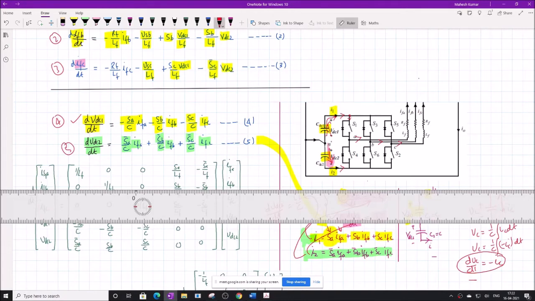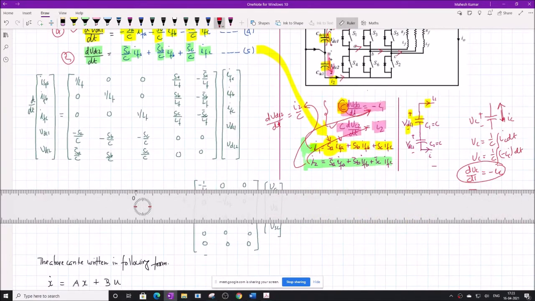So these equations are expressed in the form of the state space model of the inverter, which is shown here, which is written here. So dy dt of IFA, IFB, IFC, VDC1, VDC2 equal to A matrix. So fill the elements of this matrix correlating to IFA, IFB, IFC and so on.